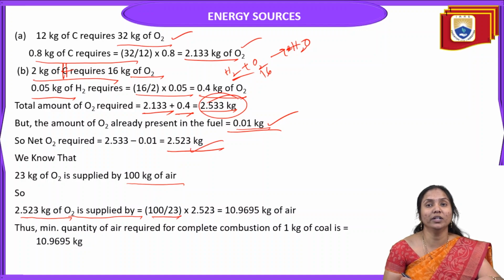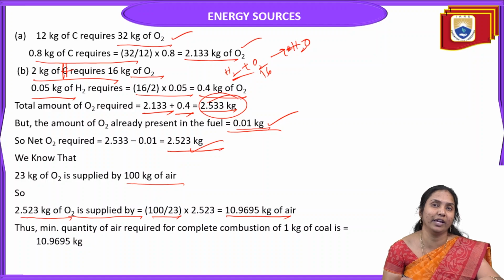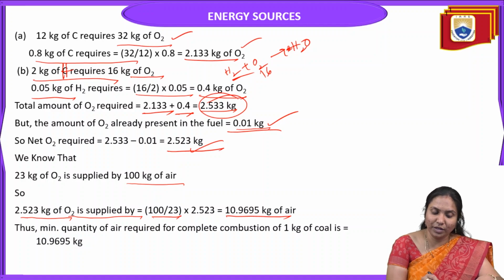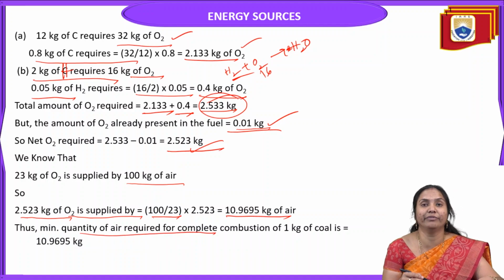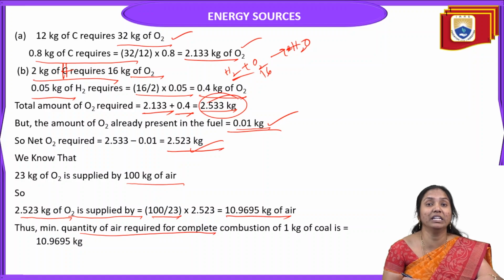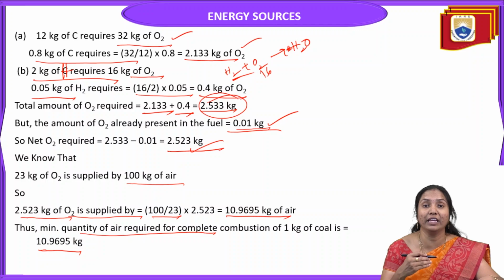Finally we get 10.9695 kilograms of air. So the minimum quantity of air required for complete combustion of 1 kg of coal is 10.9695 kilograms. In this way you can calculate the amount of air required for complete combustion of 1 kg of fuel.